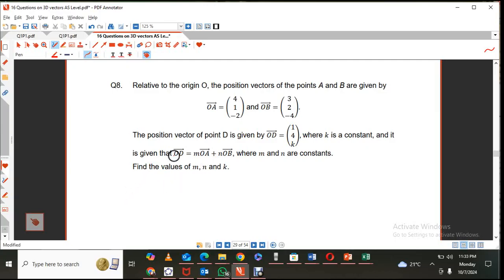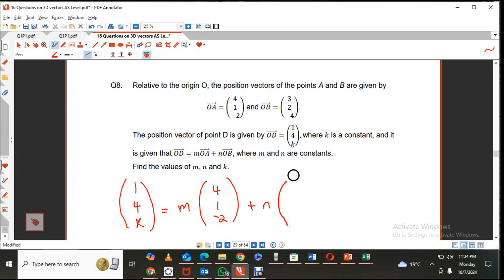What do we know? We know that OD, which is 1, 4k, is equal to m times OA, which is 4, 1, negative 2, plus n times OB, which is 3, 2, negative 4. Okay, so we're going to create the equations from here.